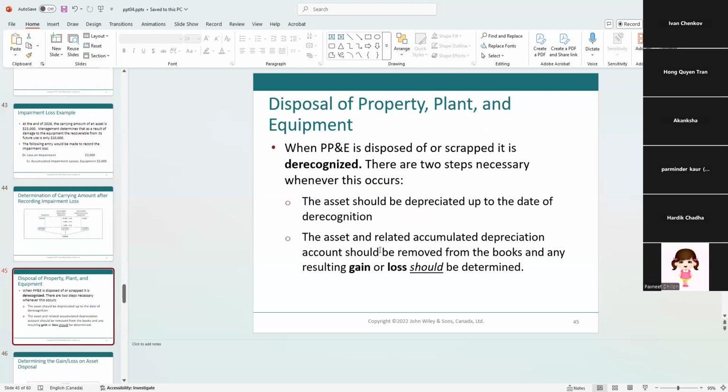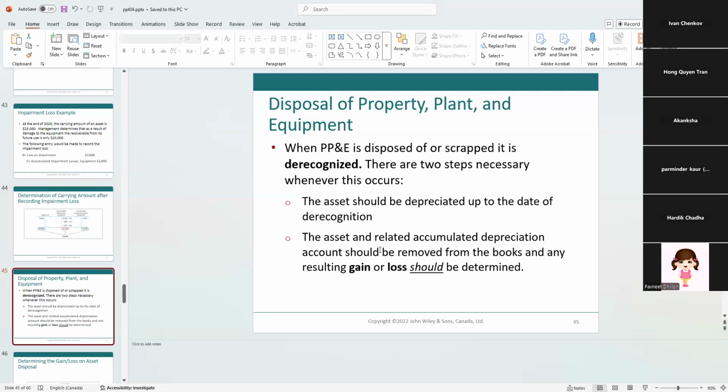What's going to happen when we dispose of the property, plant, and equipment? When we dispose of the property, plant, and equipment, we have to remove it from our statement of financial position.